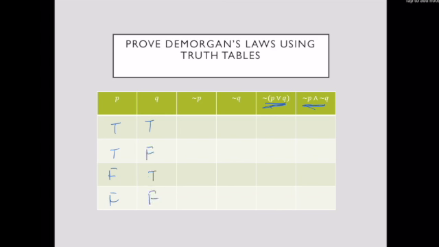I've got true, true, false, false, true, false, true, false. I need not P. Well, if P was true, then not P is false, false, true, true, and not Q is false, true, false, true.